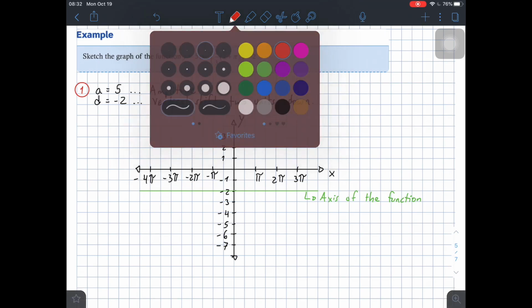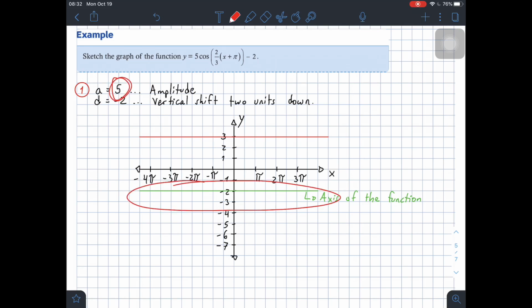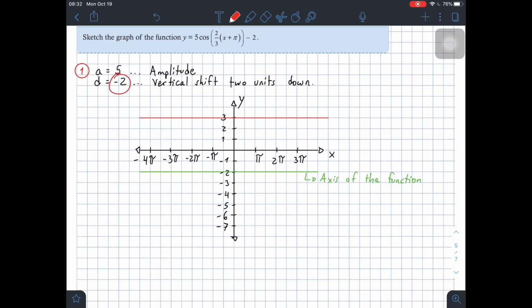And then from this axis, I'm going to mark the maximum value and the minimum value. As we said, the maximum value would be at 3, because we're moving from -2, 5 units up, so we get up to +3. And our minimum value would be from -2, we move 5 units down, and we go to -7.